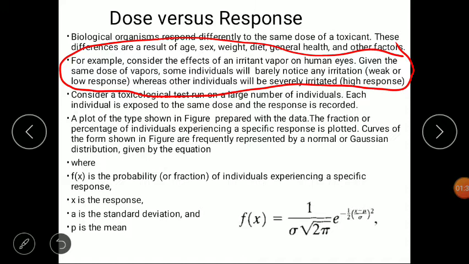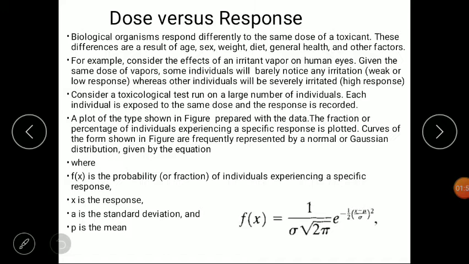Some will have more irritation in the eyes, some will have very little irritation, and some will have no response to that vapor. So these different responses will be there in the room. This is the basis for studying dose versus response.